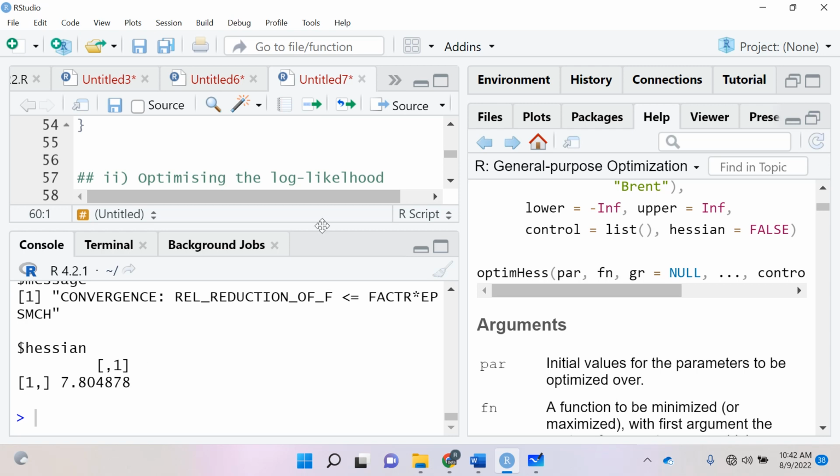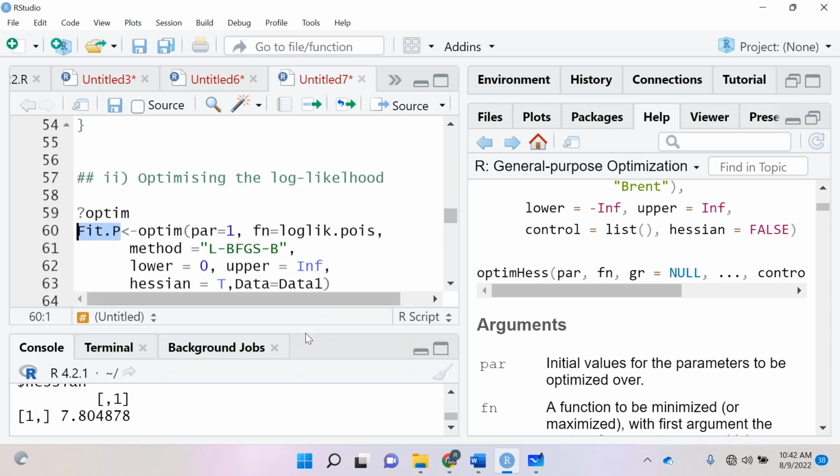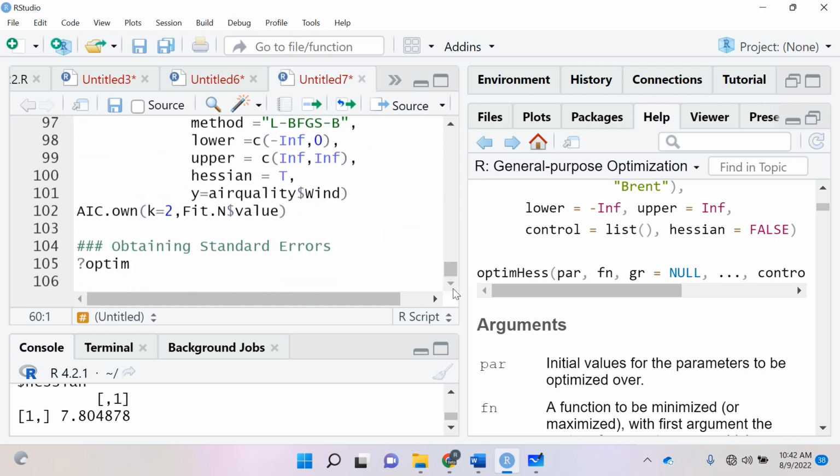That's it, because there's just one parameter, so it's easy. So the Hessian matrix is just a constant. Now, if you want to get standard errors, then it means you need to set hessian to be equal to true, just like I have done over here. Remember, T is true, or I can write it in full as TRUE, whichever way it works.